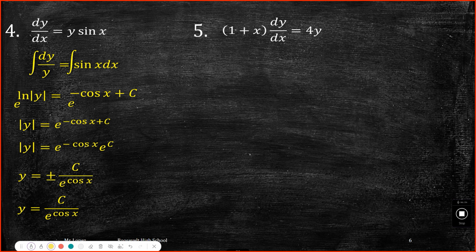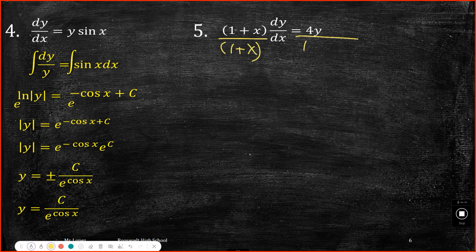What do we do here? Dx over? Yes. So this is going to be dy. Look, the dx is going to go over here. Can we do everything at once? Everything y has to go left and everything x has to go the other way. Can I already divide by 1 plus x here?